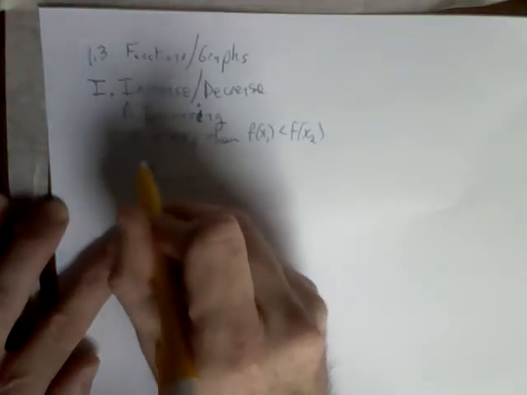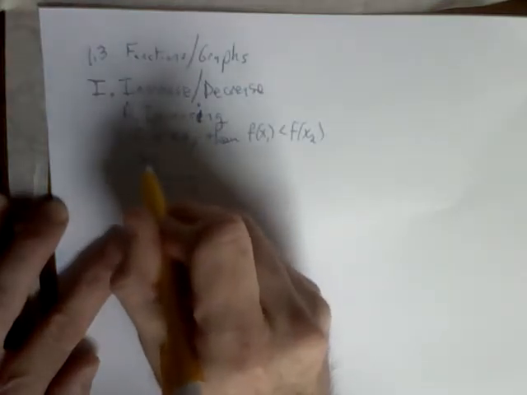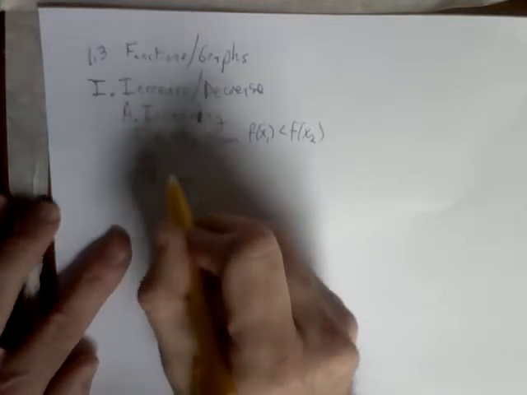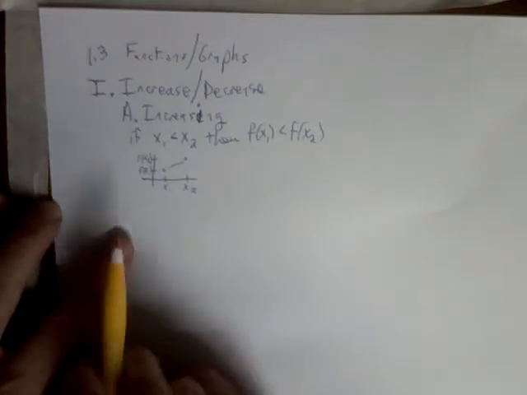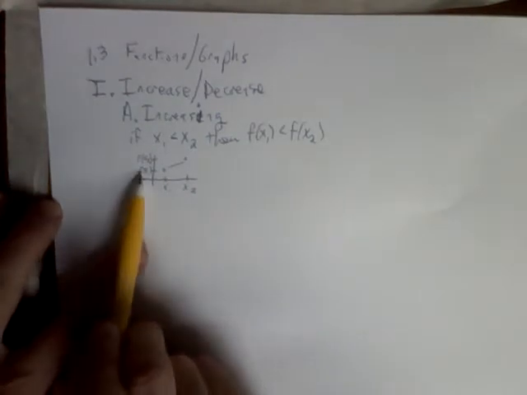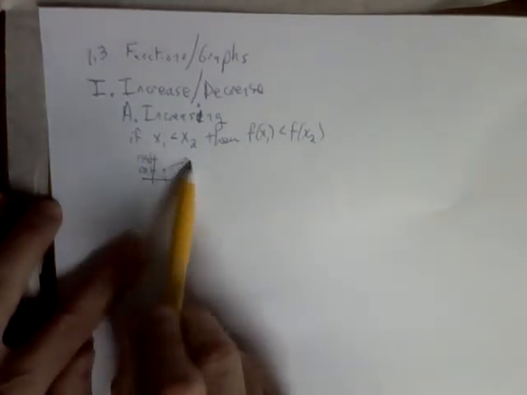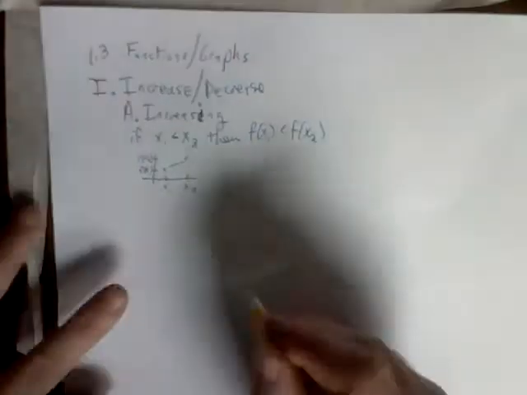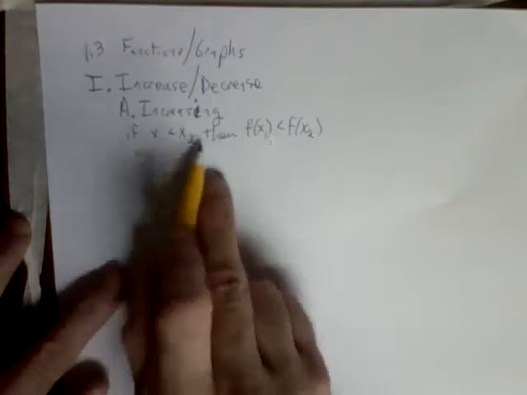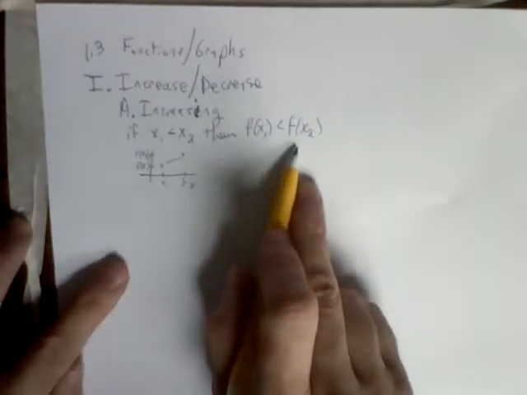So you can see it easier on the graph that the thing is increasing. Okay, so f of x1 is less than f of x2. So this is an increasing graph. It is what you think it is, right? It's going up. Okay. It's just we need this nice definition to make things very rigorous.